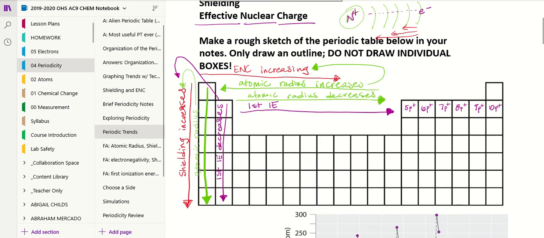As I add one more proton each time, each atom increases its ability to hold on to an electron because it's getting more positive. So if it holds on to an electron better, will it take more or less energy to pull that electron off? Should take more. So first ionization energy increases going across a period.